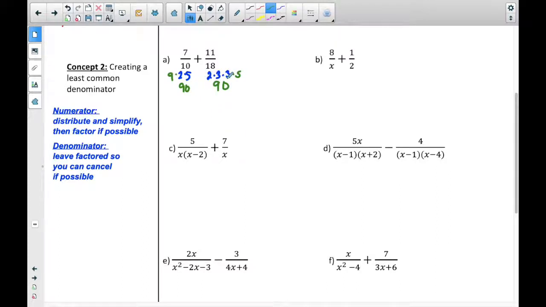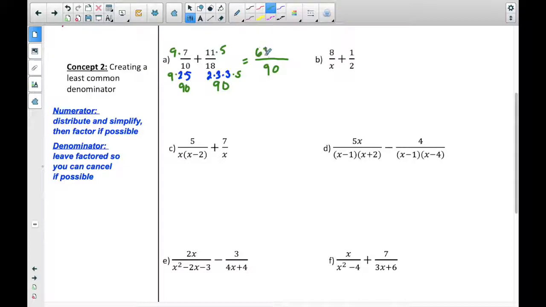But I wanted to break that down for you to show you how that works. Because now in our numerator, since we multiplied this one times 9, we also have to multiply the numerator times 9. And since we multiplied the denominator on the right times 5, we have to multiply the numerator times 5 also. And now, again, we keep our common denominator and we just add across the top.